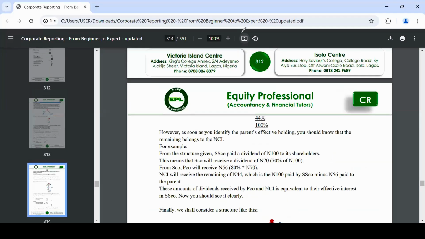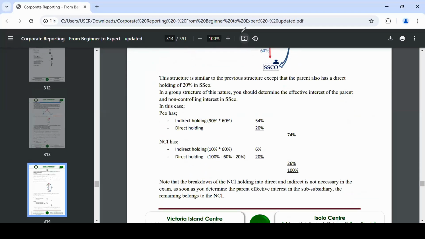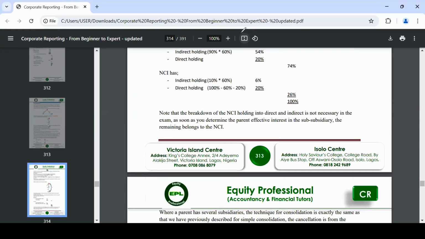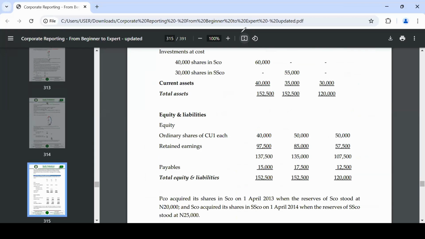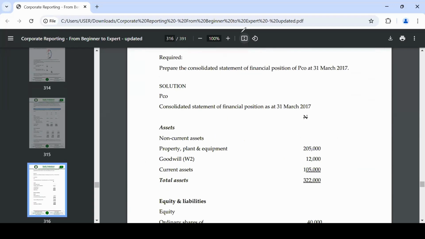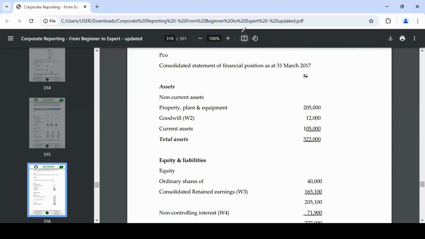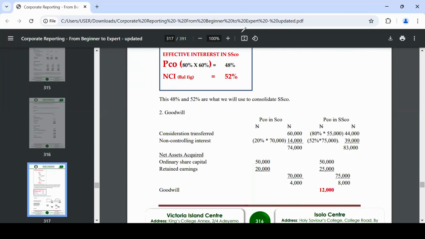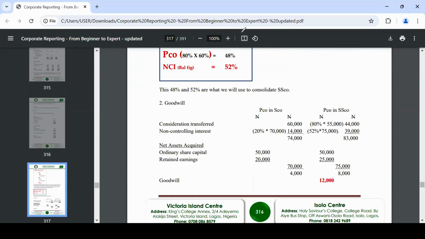I kept saying that when you have been able to determine the effective interest rate of the parent, in your calculation of the goodwill, let me just move to a solution. In your calculation of the goodwill, you would have considered only that portion for the parent.